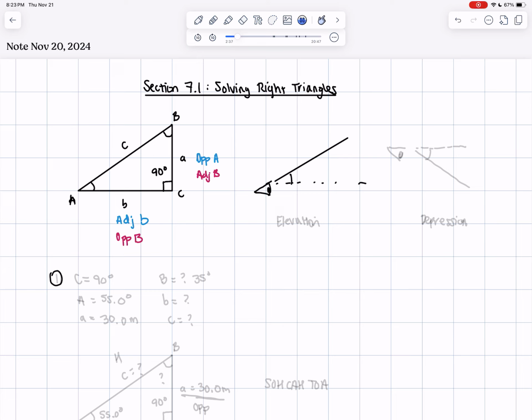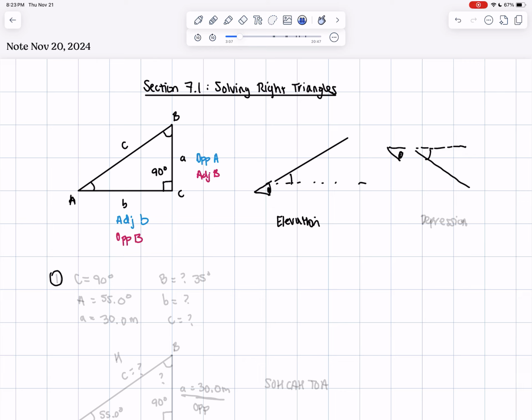So this is elevation. But if we're talking about the angle of depression, it's going to be looking downwards, like this. So depending on the problem that you're given, you have to solve for either way.